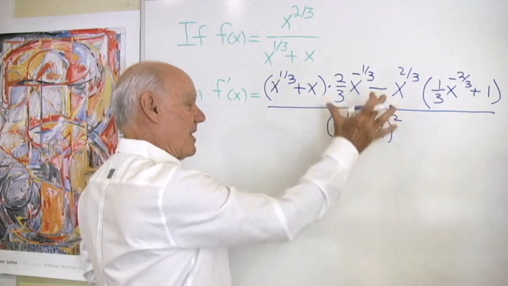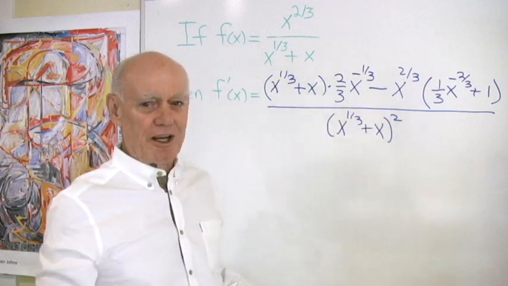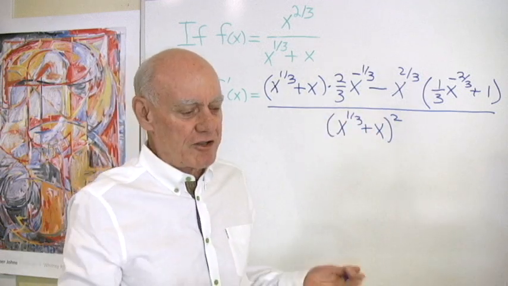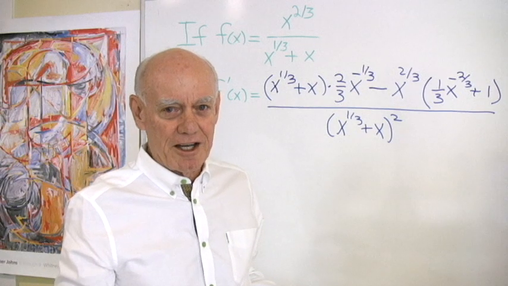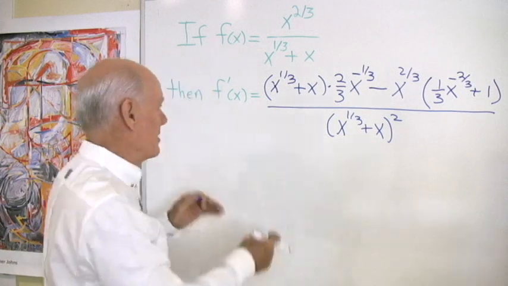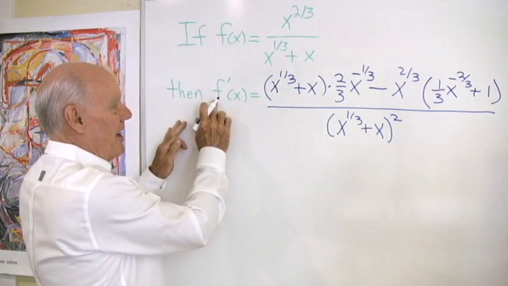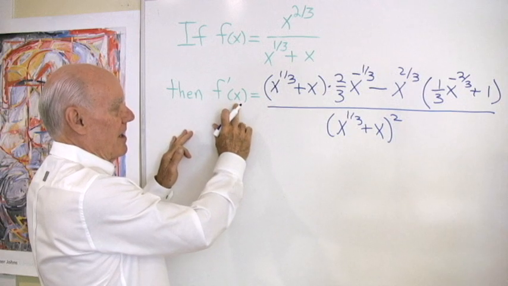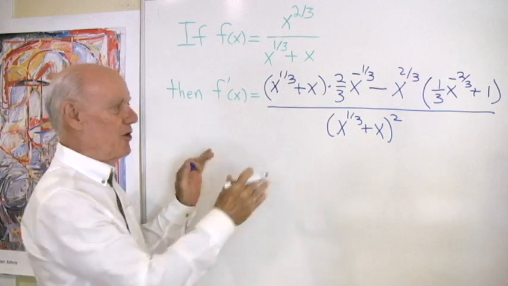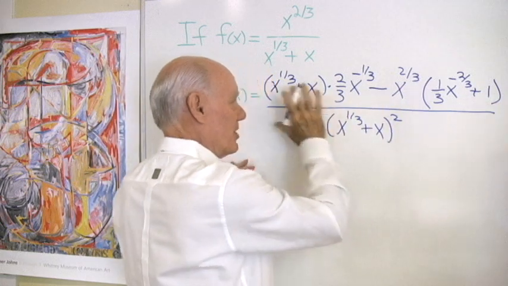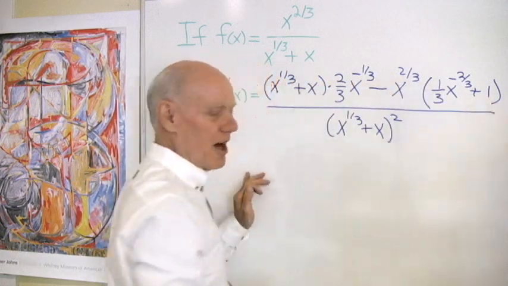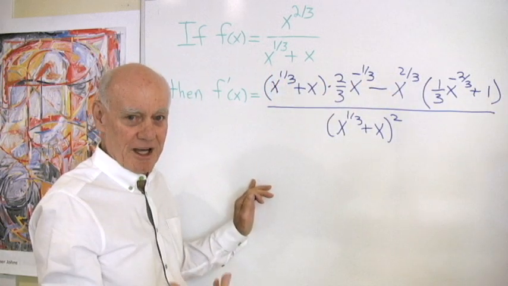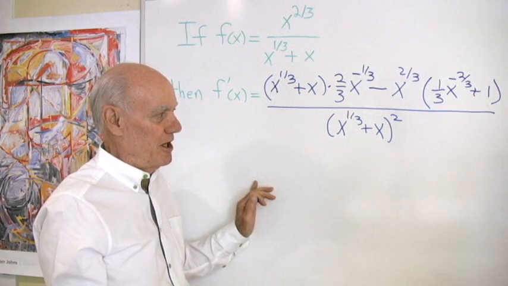Now, the simplification of this is all algebra, and sometimes you want to simplify, and there are other kinds of problems where you may not. It depends on what comes next. If you were asked to find f prime at, let's say, 9, you wouldn't necessarily simplify this because you're just going to substitute in 9 for x and simplify what you get there, and that will probably be easier.